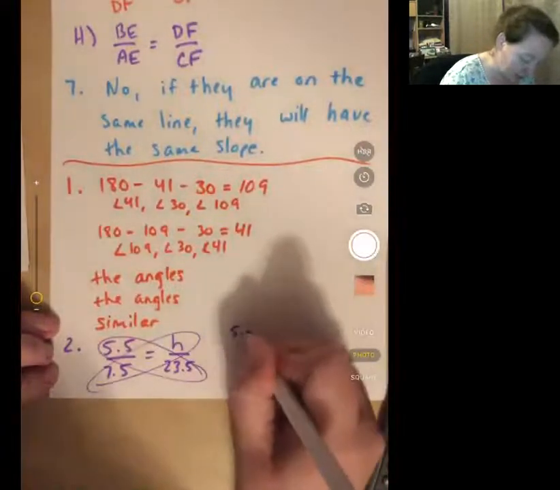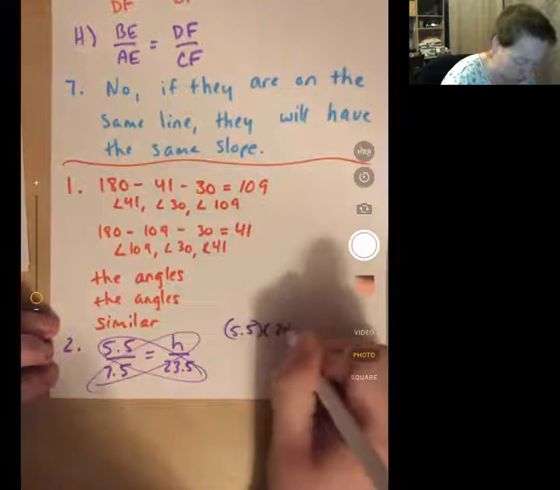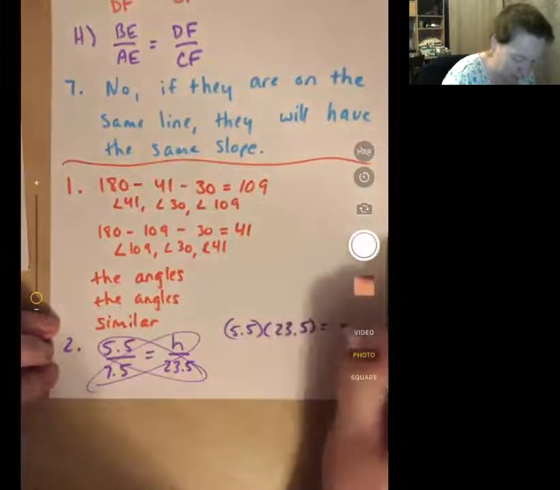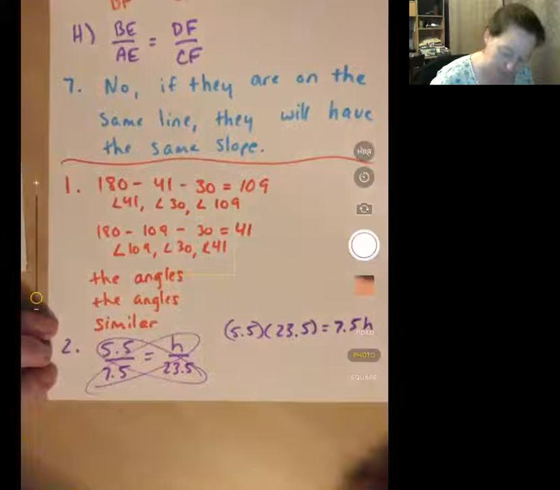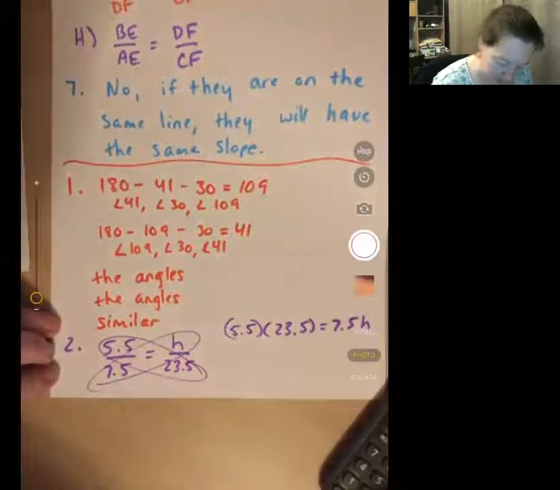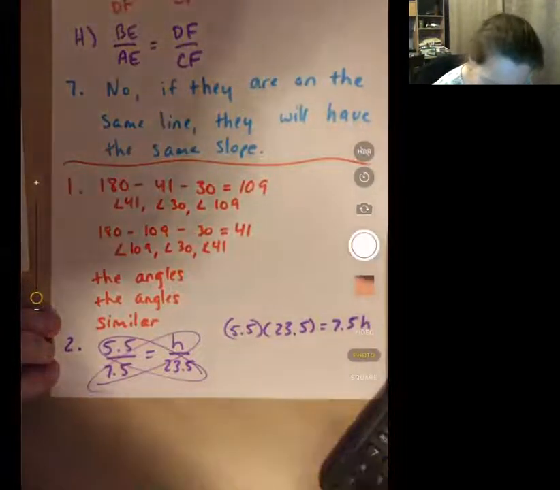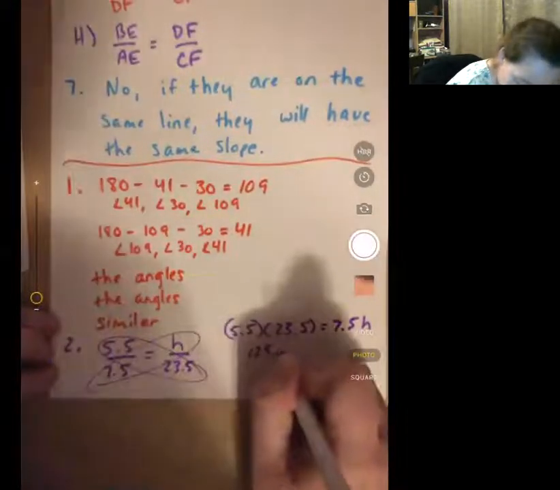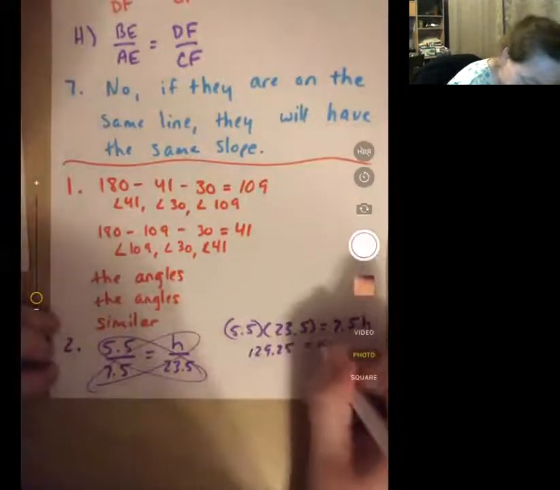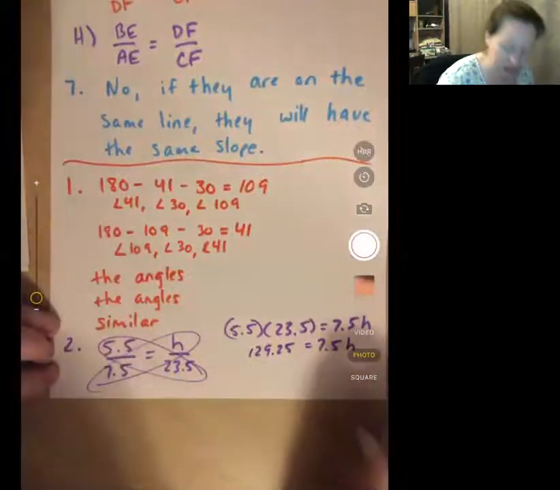And so I have 5.5 times 23.5 is equal to 7.5h. 5.5 times 23.5 is 129.25 is equal to 7.5h.